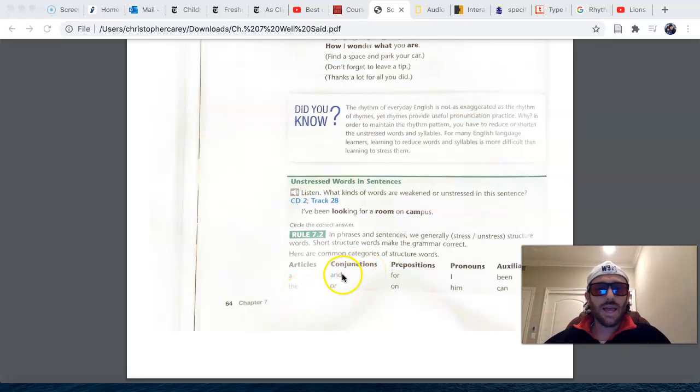Conjunctions, like and or. Prepositions, we see a lot of, for and on. Pronouns, I, you, he, she, we, they, etc. And auxiliary verbs, which are helping verbs. Have, been are examples. So all of those words are covered here as function words or structure words. We can use either one of those terms.